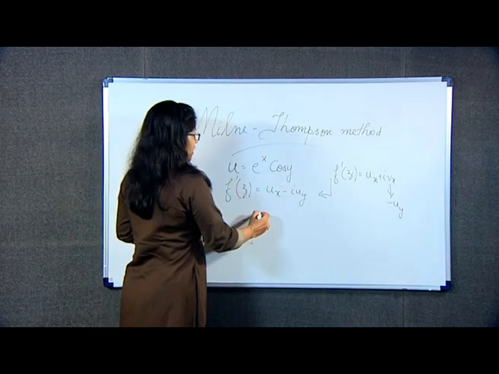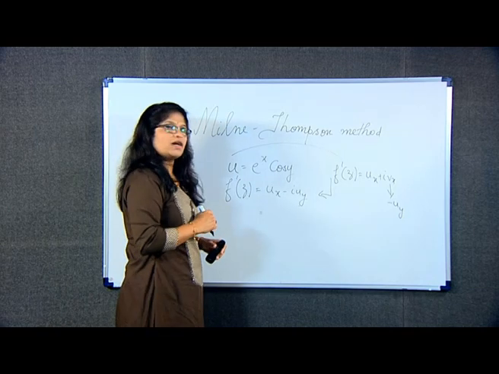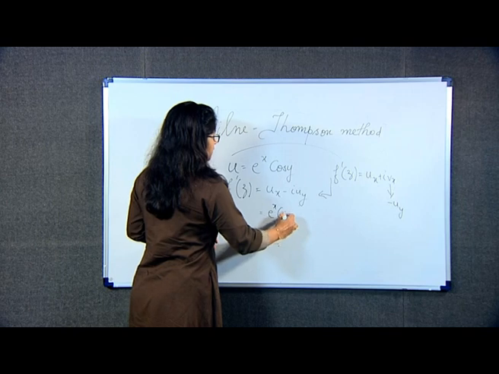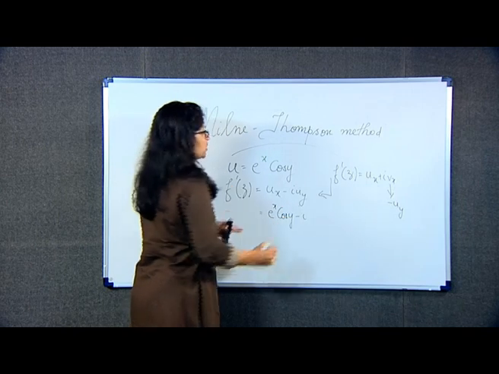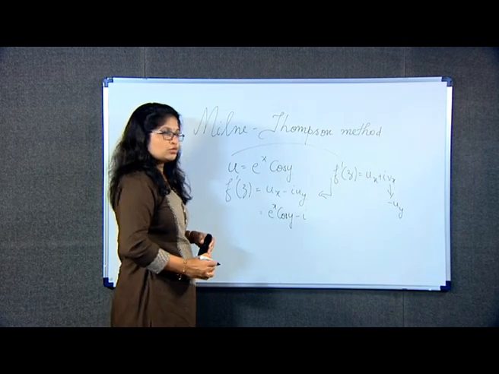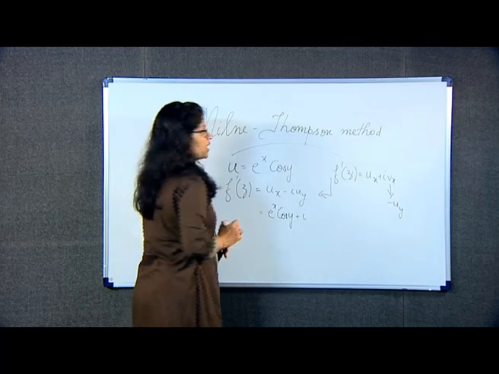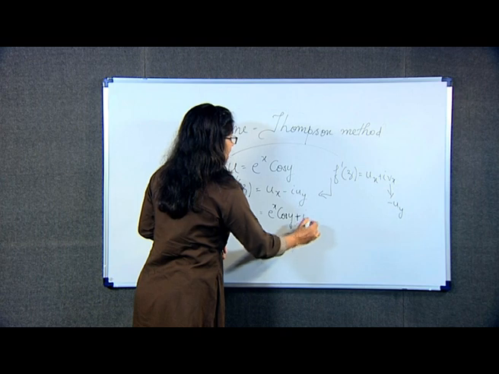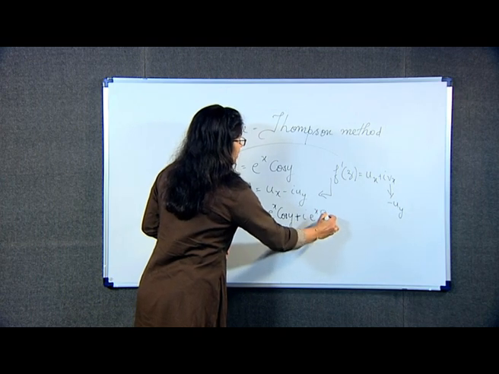So, if I find ux and uy and substitute in this equation, what do I have? I have e raised to x cos y minus i into, what is the derivative of this with respect to y? So, it is nothing but e raised to x into minus sin y. So, I write it as plus i e raised to x sin y.